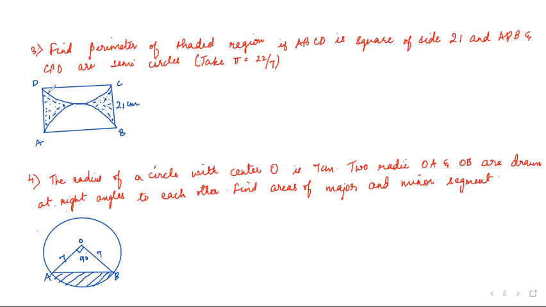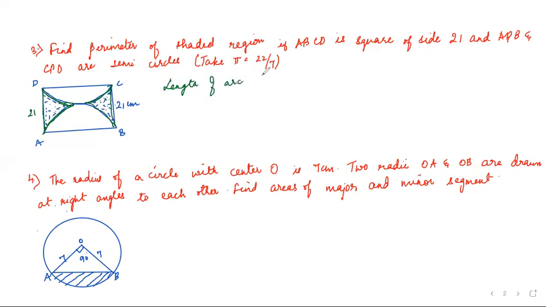Perimeter is basically these arcs. These are nothing but the length of the arc, and AD and BC. AD and BC, we already know it is 21. So to find the perimeter, we also need to know the length of the arc. So first, let us find the length of the arc.